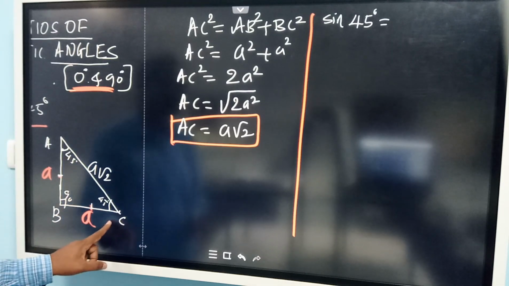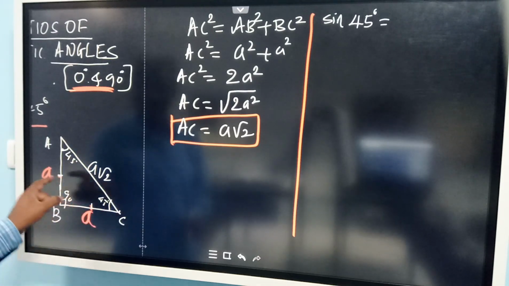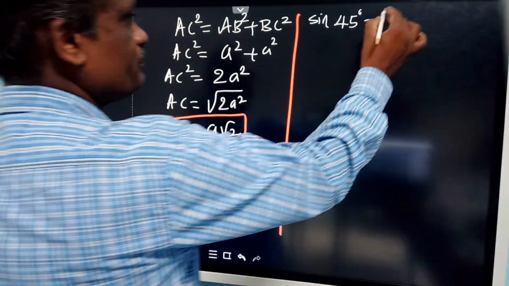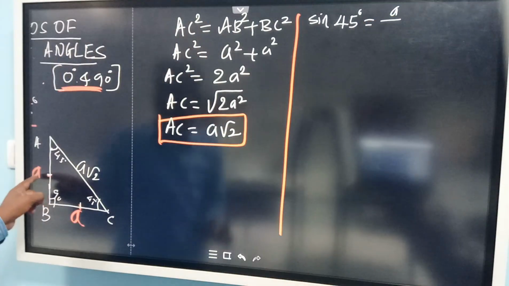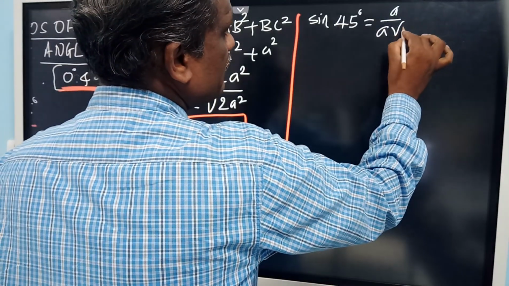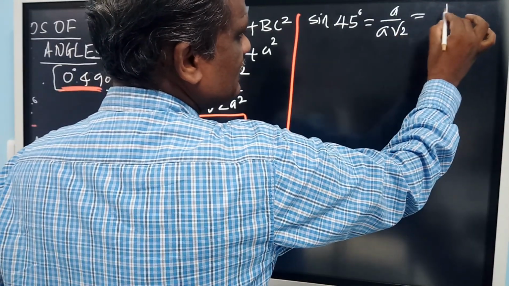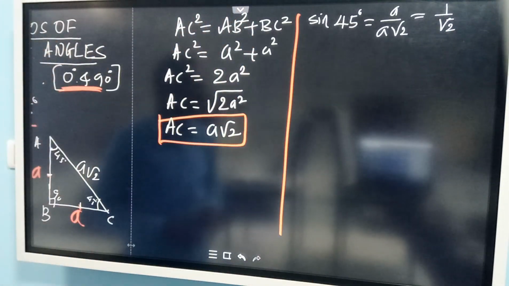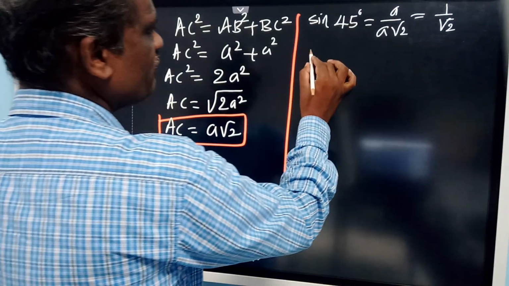Now let me take with reference to C. Sine 45 is opposite side by hypotenuse. So opposite side here is A, hypotenuse AC is A root 2. A gets cancelled, so you will get 1 by root 2. So sine 45 is 1 by root 2. Similarly, let us find cos 45.